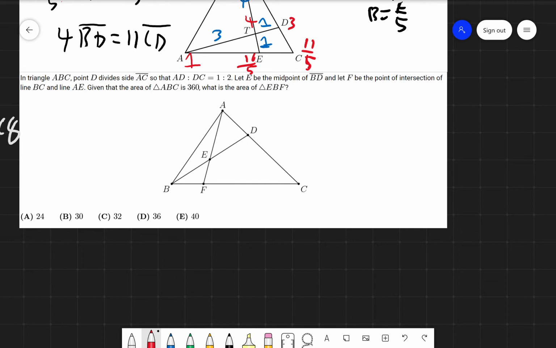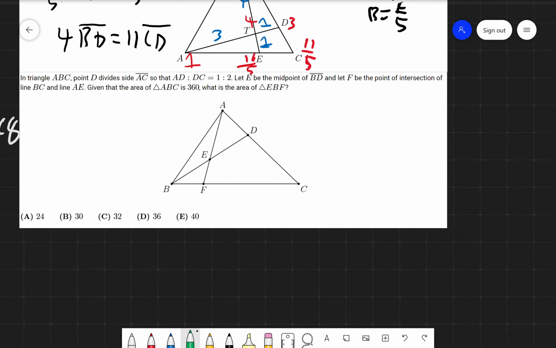Let E be the midpoint of BD, and let F be the point of intersection of line BC and line AE. By that they just mean that you continue line AE and then you get F, but you can look at the diagram. Given that the area of triangle ABC is 360, what's the area of triangle EBF?